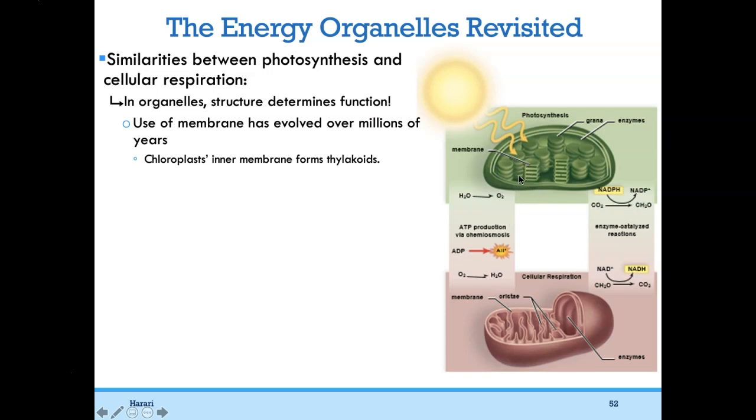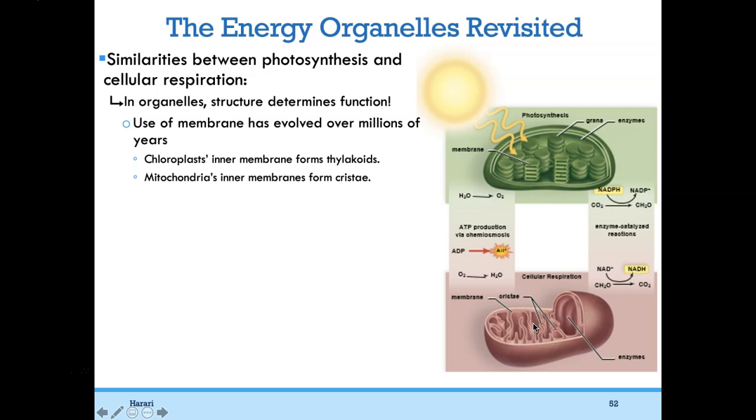Remember, that's what has the photosystems on them to absorb the energy from the sun. So these chloroplasts maximize their ability to absorb solar energy by folding their membranes into thylakoids, just like the mitochondria's inner membrane forms those cristae, which maximize ATP production.